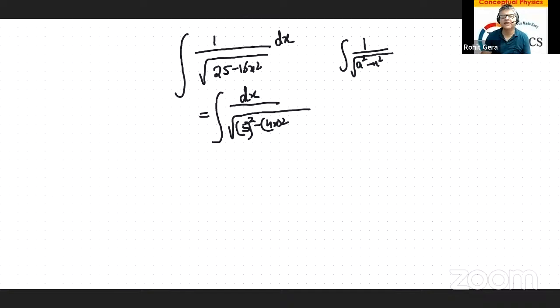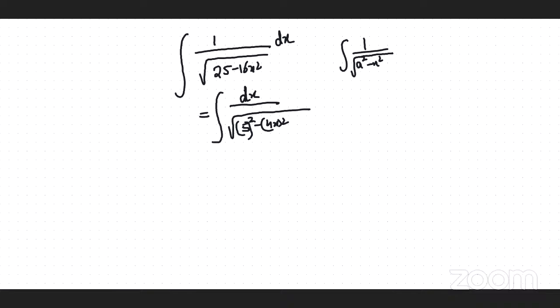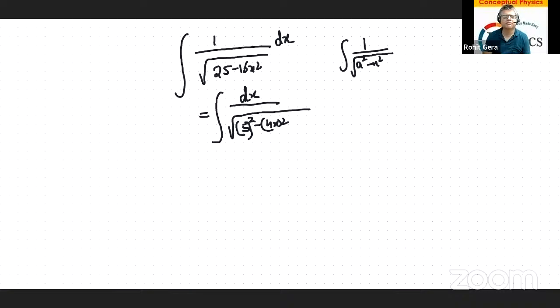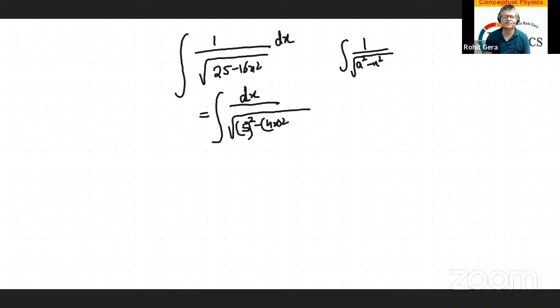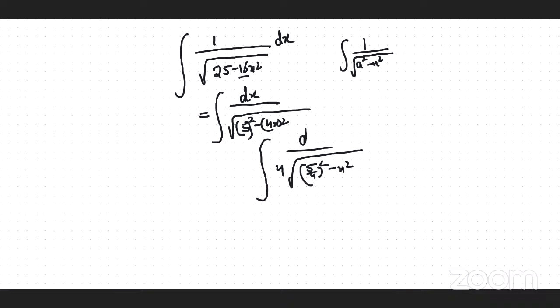The most comfortable is x equal to a cos theta या a sin theta. बट क्योंकि मैंने ये जो x के साथ 4 लिखा हुआ है ना, this is a pain for me. So one way to solve is I can take 16 common and I can say this will become 4 under root of 5 by 4 whole square minus x square. 16 बाहर ले लिया ना, ठीक है। So this becomes a square.